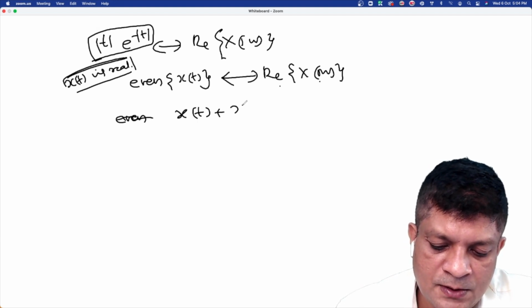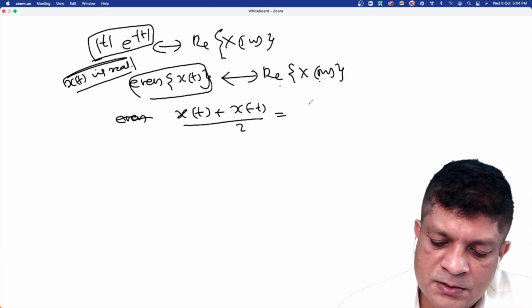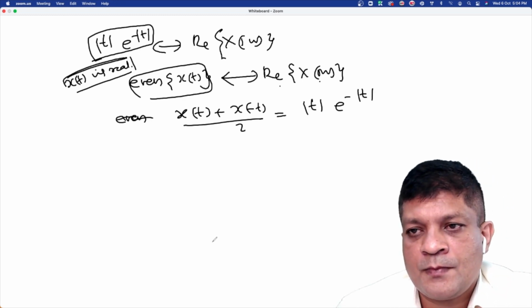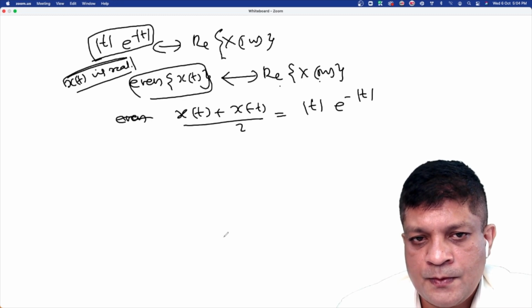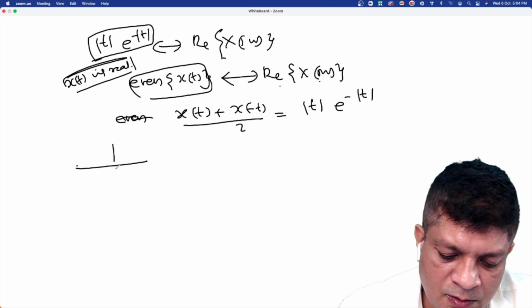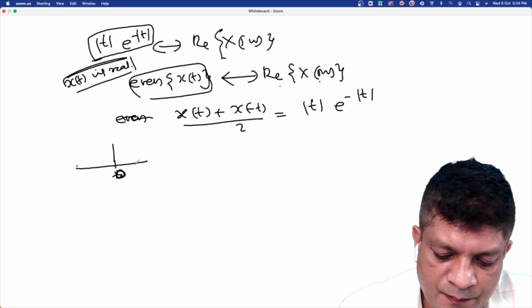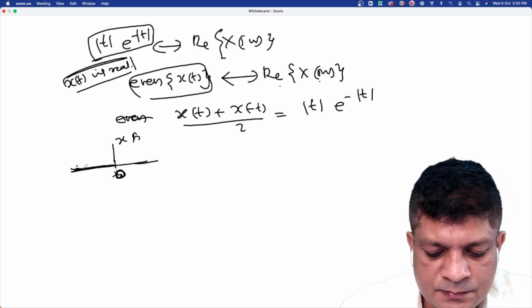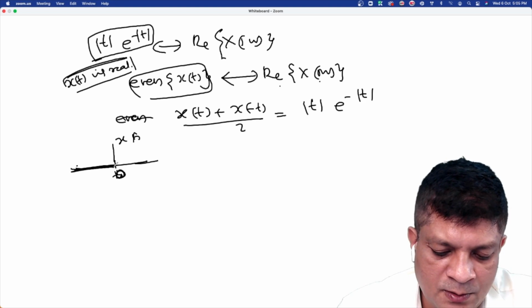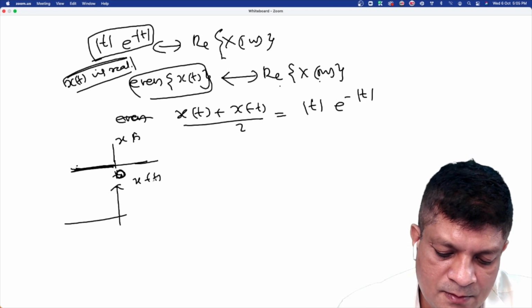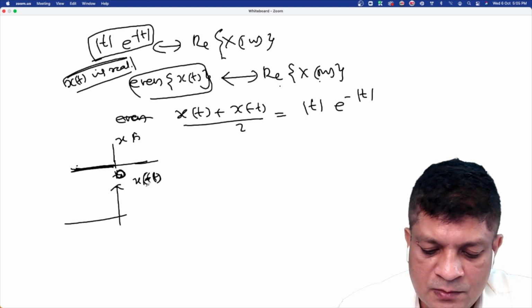So can we write that xt plus x of minus t by 2, that is the even part of xt, is equal to mod t e to the power minus mod t. It is given. Now, the second point is that xt is equal to 0 for t less than 0. If xt is 0 here, then for x of minus t, which interval is it 0?